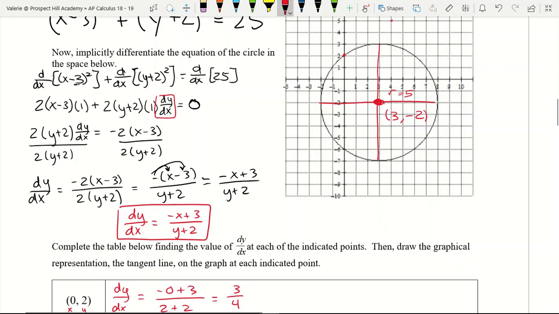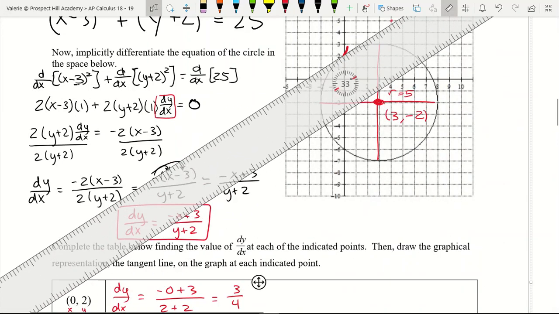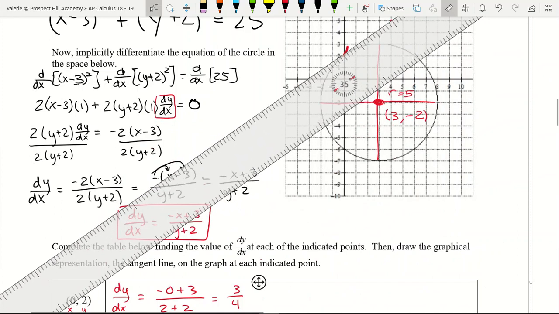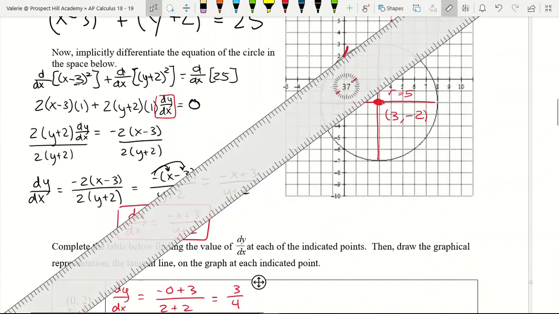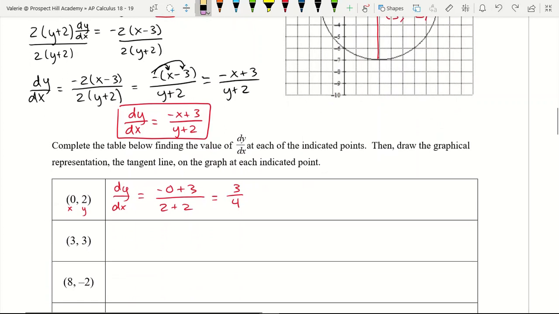So if I were to draw a line here, that line will be tangent to the circle at the point (0, 2). Okay, and then we're going to do this a few more times.